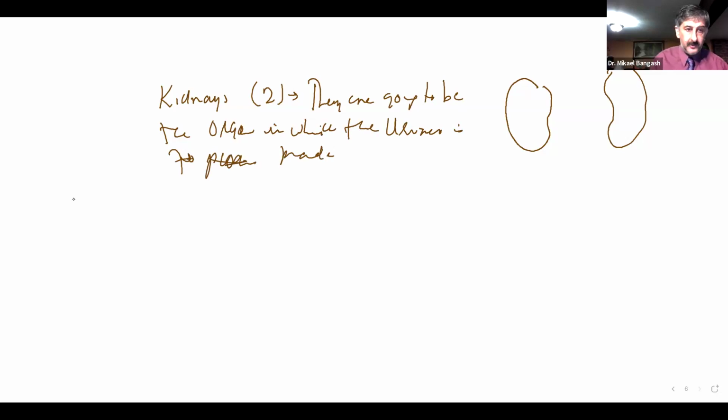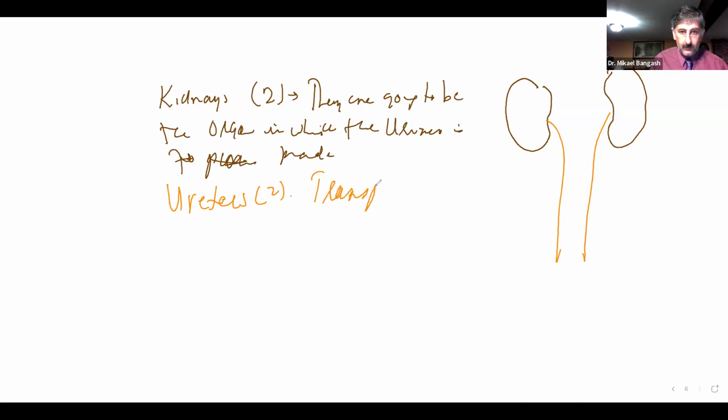The remaining structures were the ureters, which mainly just transport or carry the urine that was already made in the kidneys.